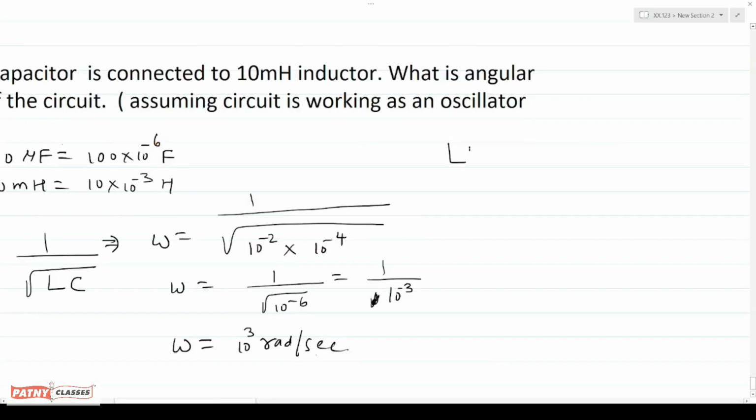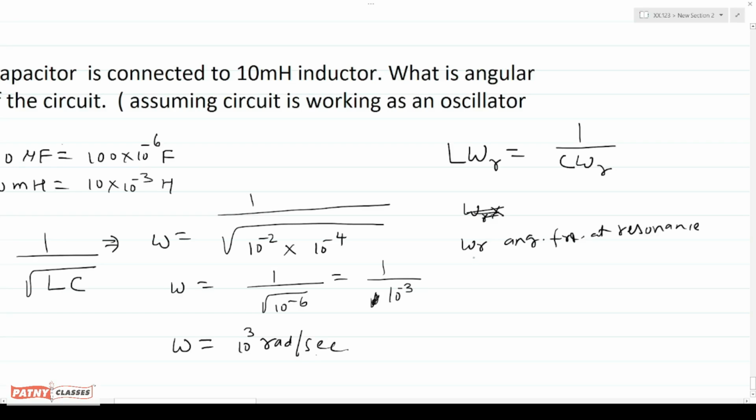Actually, under resonance condition, L into omega R equals C into omega R. So omega R is nothing but the angular frequency at resonance.